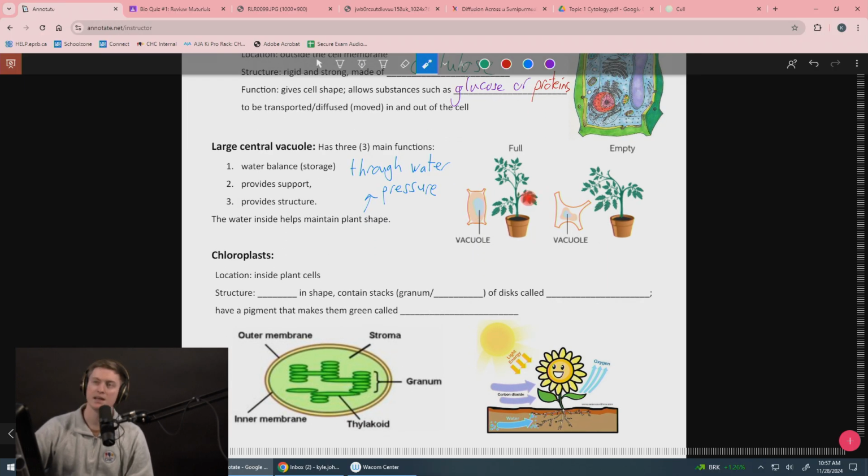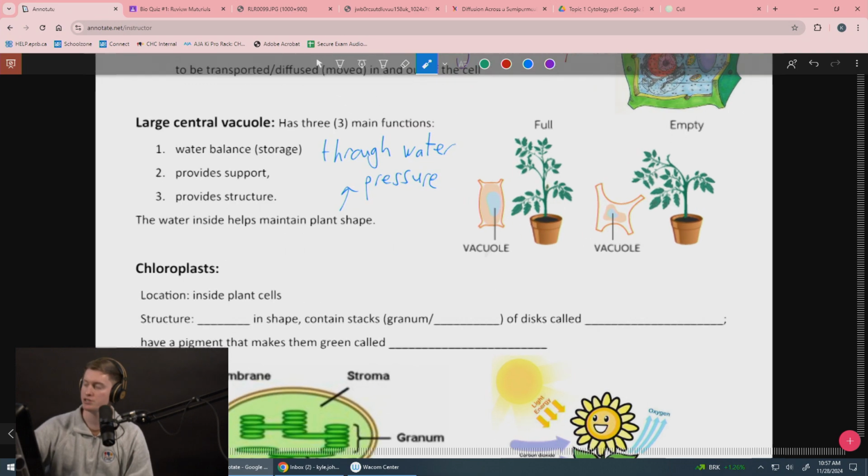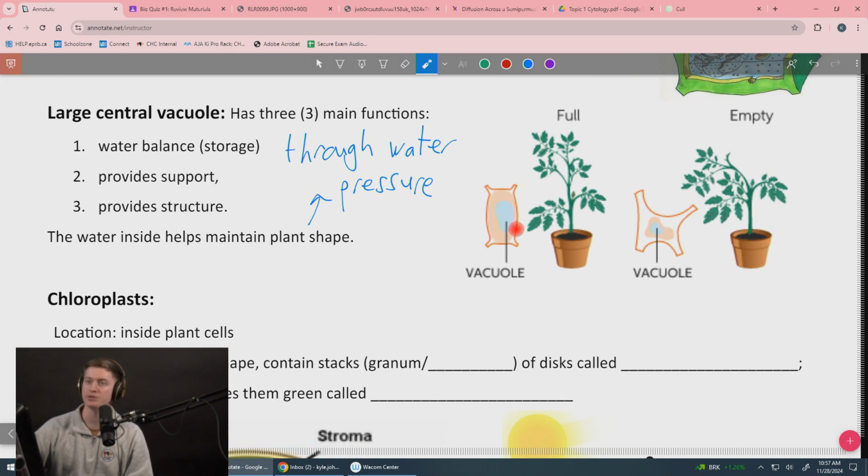This is a plant that has full central vacuoles. If the central vacuoles are full, you see the plant stands straight up and down. This one has a mostly empty central vacuole, and you see that the plant wilts. You say this is a wilted plant. It kind of is falling over.